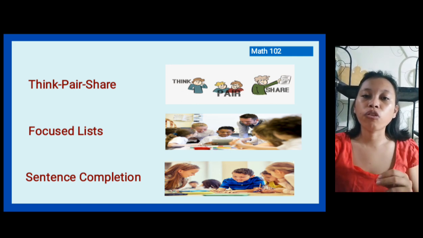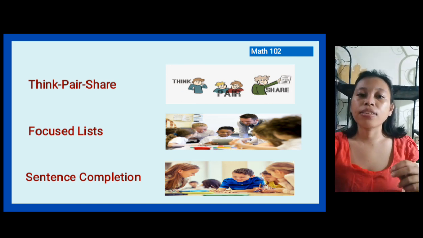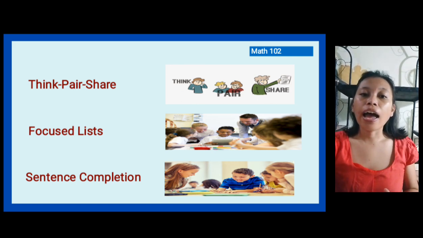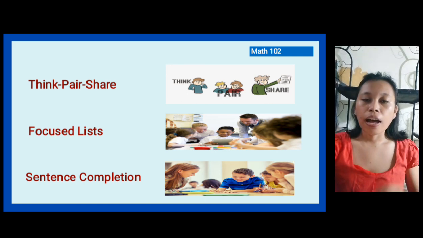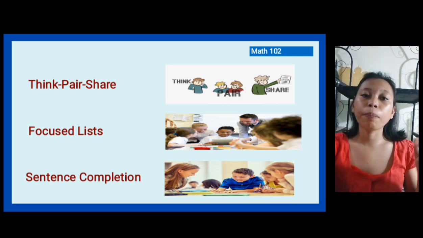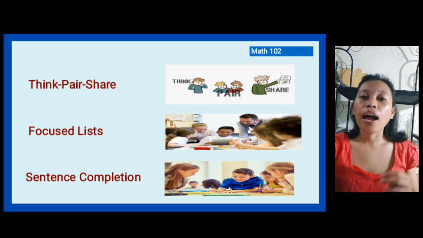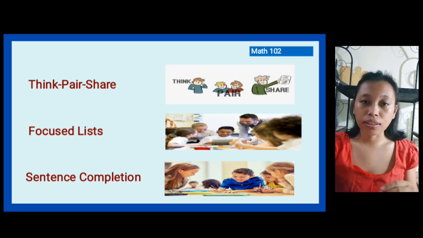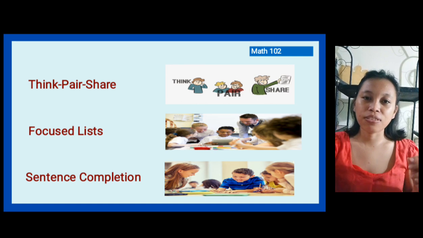Then they have to find a classmate and get some pair time to share and discuss what they have just found out. After that, the teacher randomly chooses two or three pairs and asks them to briefly share their answers or responses. That's the think, pair, share activity.